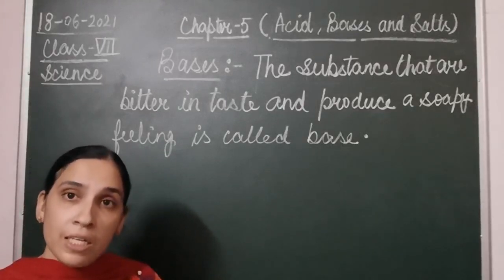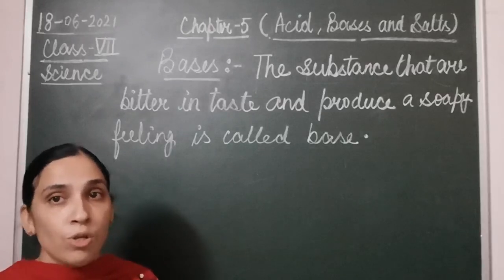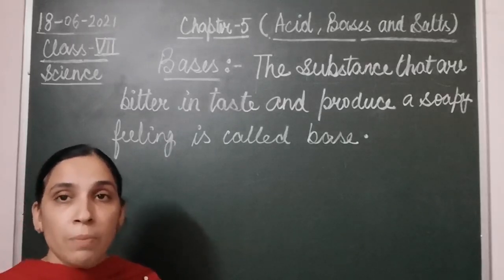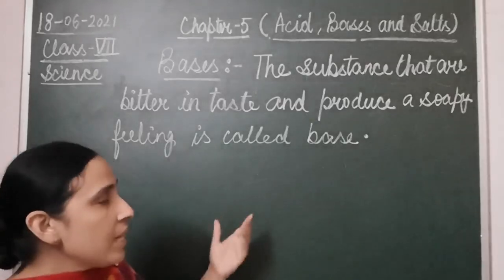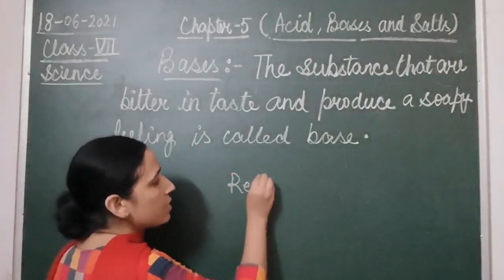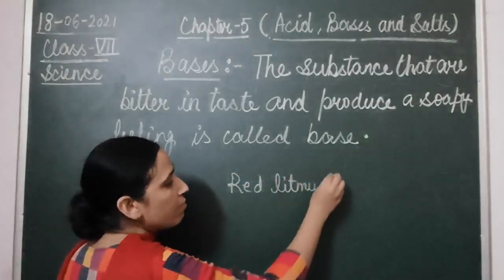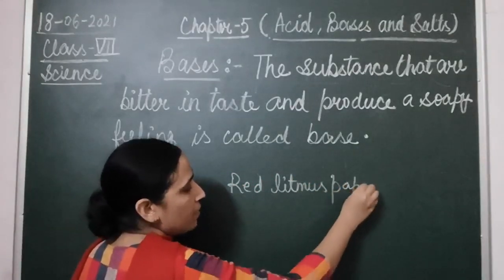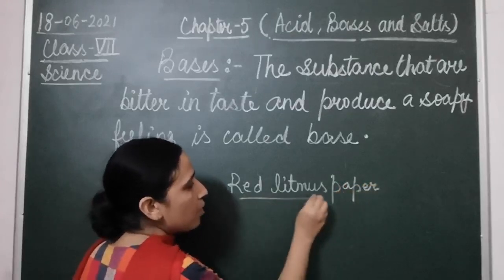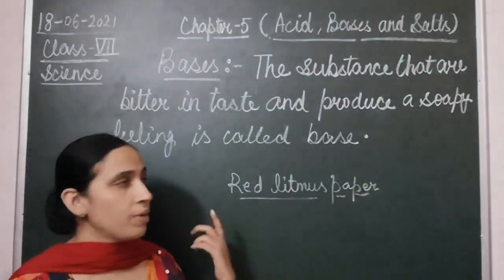As we have an indicator in the case of acids, the blue litmus paper, similarly here we have red litmus paper. As I told you earlier, litmus paper is made from lichen. Lichen is a microorganism and the skin of that lichen is used to make this.